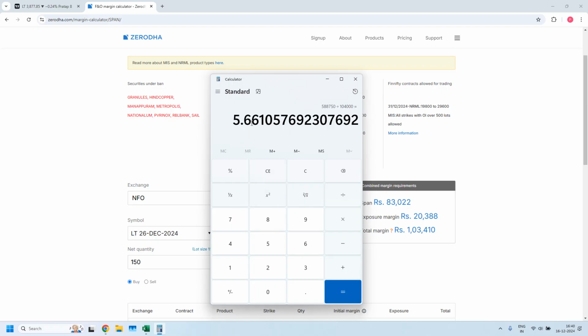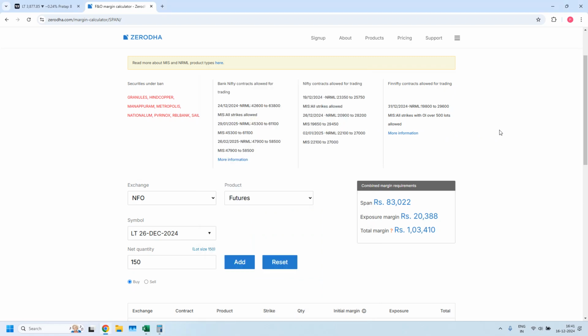So that means 5.7% ROI. Close to our average ROI of 6%, the intraday average ROI of 6% for our HLQ zones. Very close to that you would have got in just 1 hour 22 minutes.